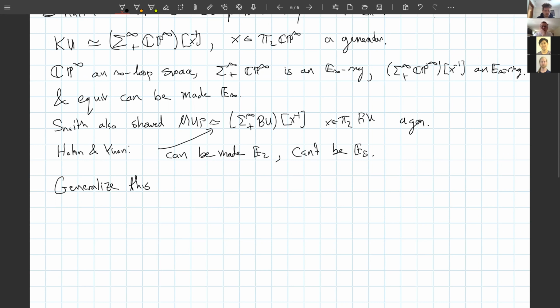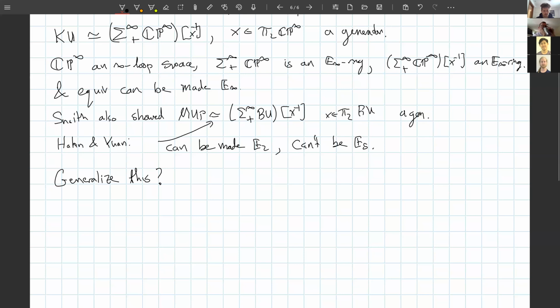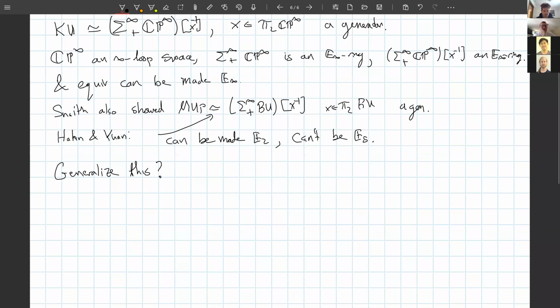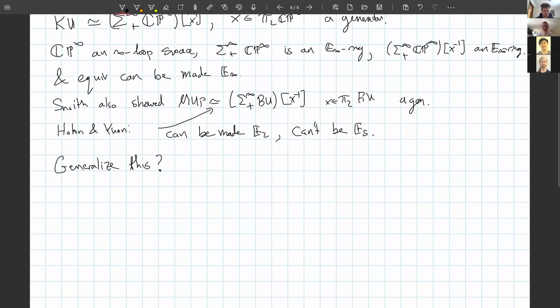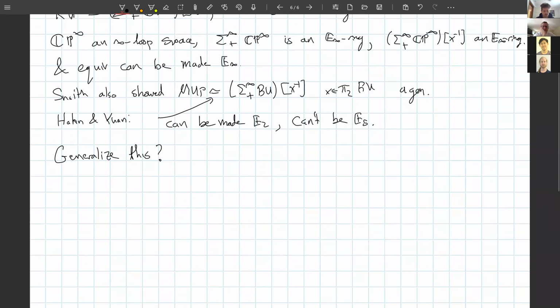Like, why did this work in both cases, or well, in some sense, work in both cases to generate interesting spectra, sometimes with the same E infinity structure we're used to on them, sometimes with different structure. But several other generalizations exist.